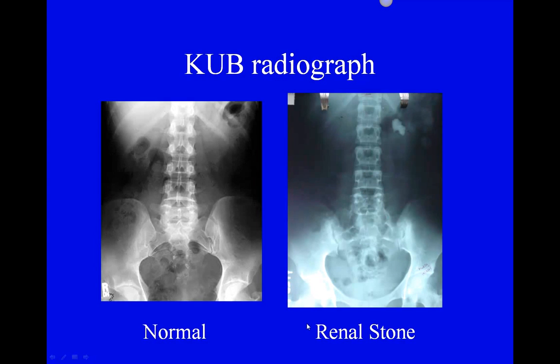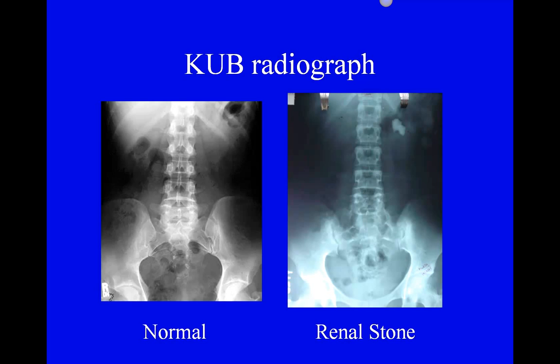A KUB radiograph, and what it stands for is K is for kidney, U is for ureter, and B is for bladder. And I'm jumping around just a little bit in your notes. This is on page 2, a KUB radiograph. And it's essentially just doing a plain film, and plain we mean P-L-A-I-N.